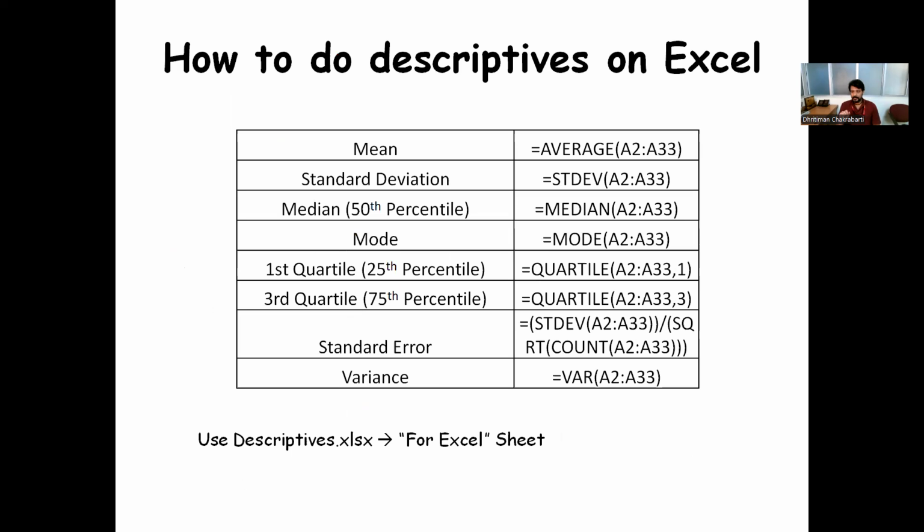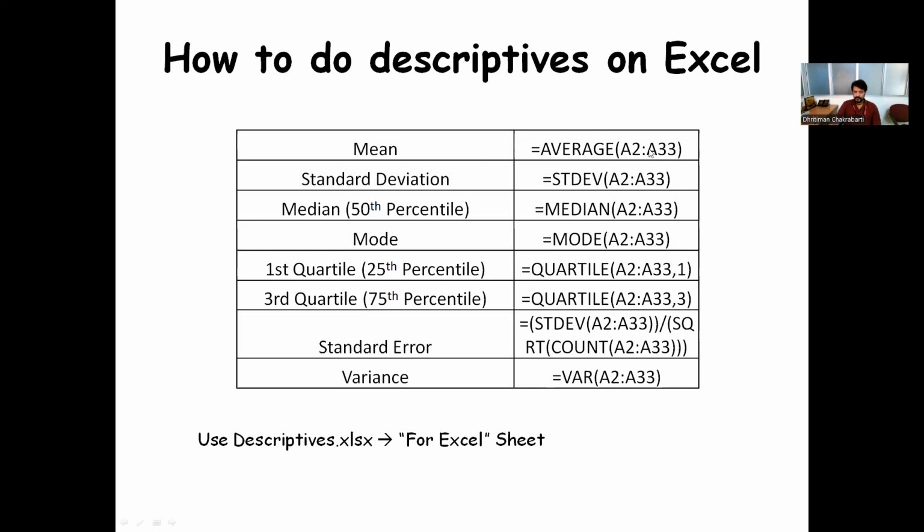So how to do the descriptives in Excel? You have all of these specific functions that you can apply. Whenever you want to start a function in Excel, you start with equal to. After that, you type out the specific function, and then in the brackets, the arguments of that function. The argument of the function is basically the data series that you'll be inputting to get whatever you want.